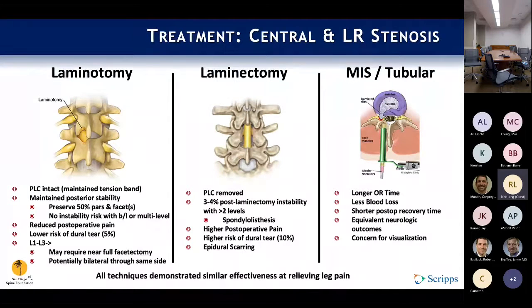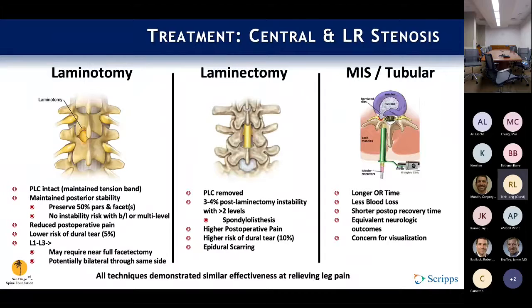You also may be able, due to that same distance in certain patients, to obtain a bilateral decompression through the same side. Those two criteria are not as effective at lower lumbar levels. So that's a caveat for your upper lumbar levels, which we know from our prior slides are generally less affected than our lower lumbar.